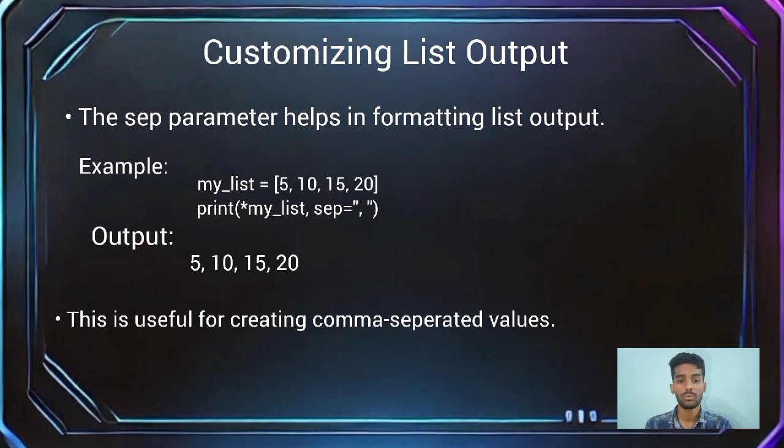Here we use sep equal to comma to tell Python to separate the elements with a comma and space instead of just a space. This is useful when working with CSV data or when formatting output for reports.